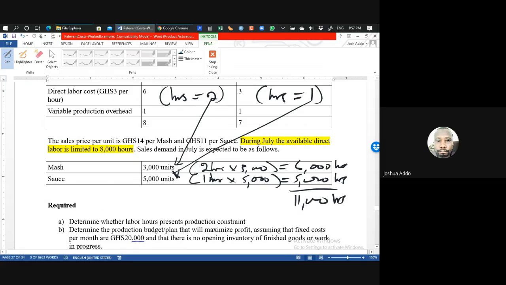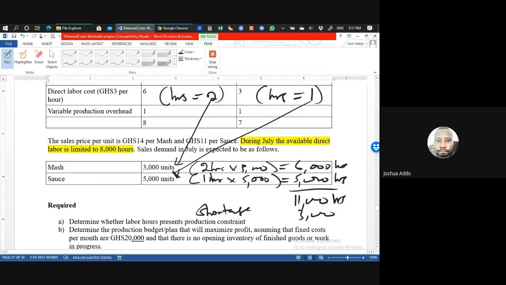Good. But the question said we have only 8,000 hours, which means we are short. So shortage of hours. We are short by 3,000.